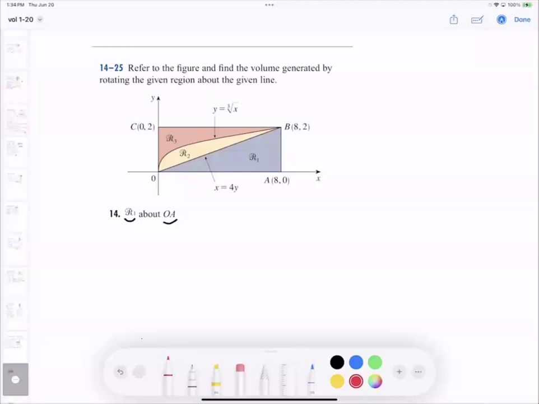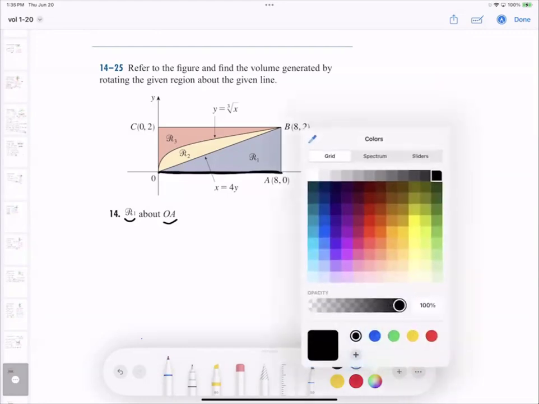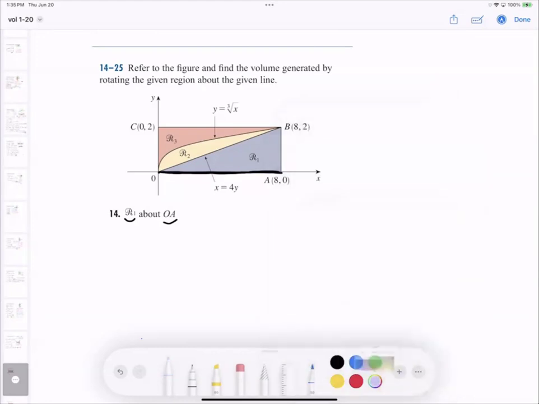So this line, which is just right here, is basically our x-axis, right? So we're taking this region, and rotating this guy with respect to this line, right?